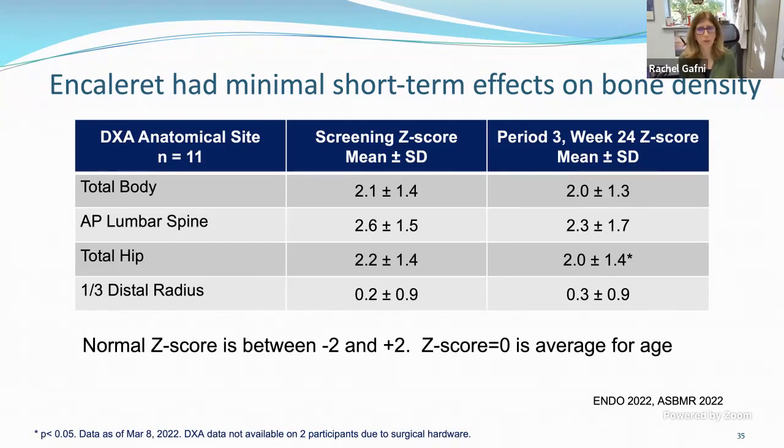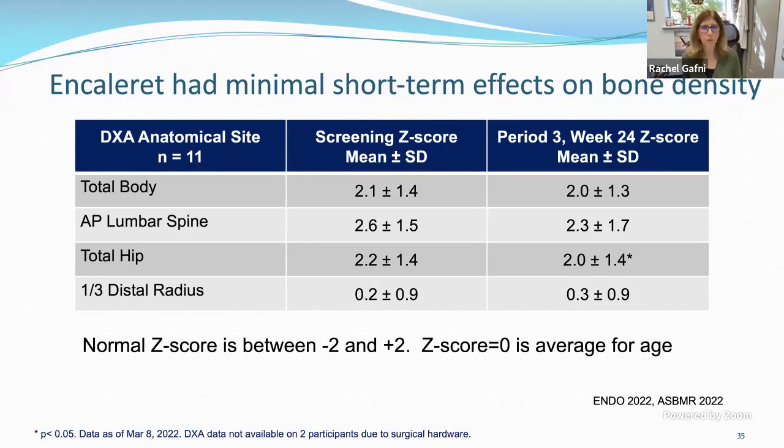And Z-scores are a standard deviation score comparing you to other people your same age and sex. So a normal Z-score is between -2 and +2, and an average Z-score is 0. So if you have average bone density, your Z-score is 0.